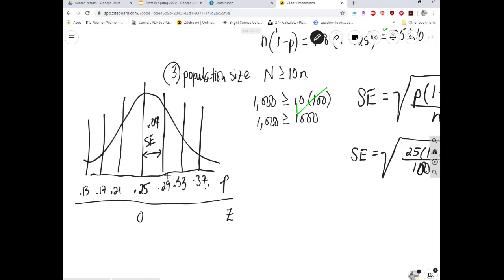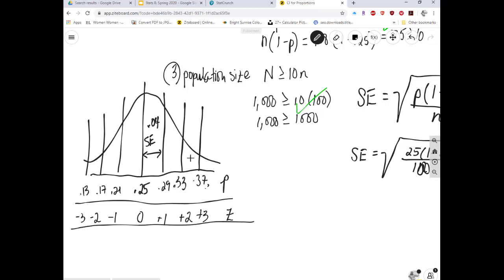One standard error above the mean is +1, 2 standard errors above the mean is +2, and 3 standard errors above the mean is +3. In the opposite direction, 1 standard error below the mean is -1, 2 standard errors below the mean is -2, and 3 standard errors below the mean is -3. So these are just my standardized z-scores.